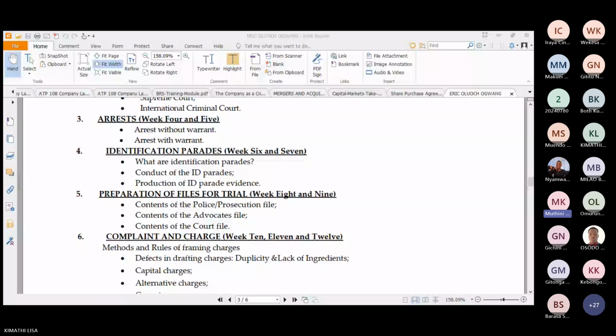Is it addressed to the arresting officer? Yes. It is addressed to the arresting officer, or let's say a police officer. Is it Benson? No, it is not addressed to one person. If you have put your hand up, please maintain your hand. Yes, Benson. It is your time to shine.